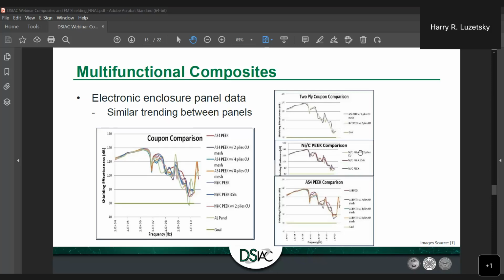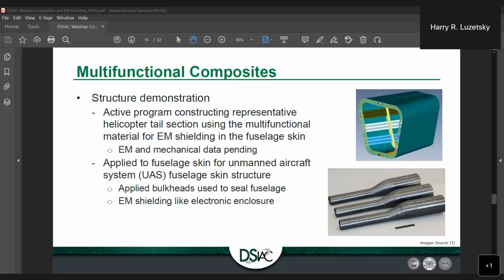Next. To demonstrate this, we just completed a shielded structure. It's a portion of a tail cone for a helicopter. That's what's shown in the upper right.